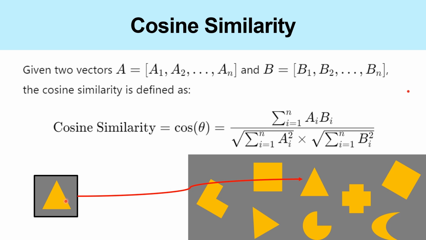If and only if this template covers the target completely, then 1 multiplied by 1 gives you 1, minus 1 multiplied by minus 1 gives you positive 1. So this cosine similarity will take a maximum value if and only if the template, which you can consider as vector A, fully overlaps the target, as vector B. This is just the geometrical picture.